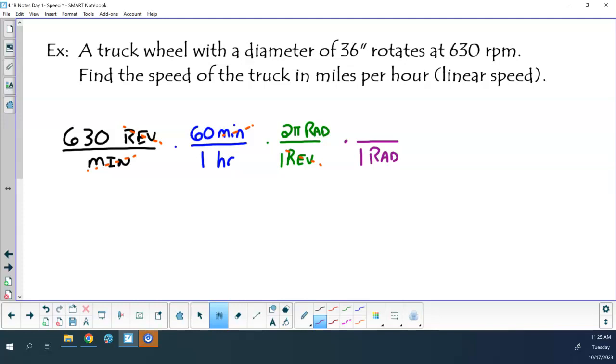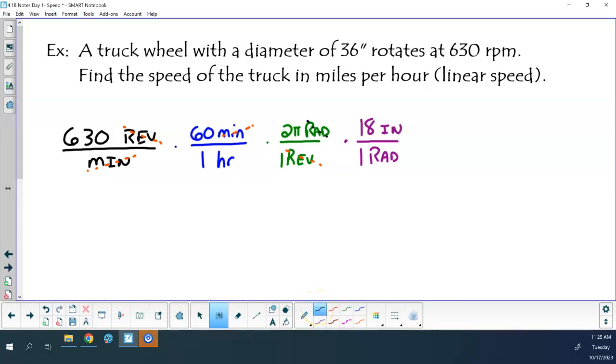What radius do I need so that I can get it into linear speed? What would the radius of our circle be? 18 inches. Yep, because the diameter was 36 inches, so the radius is 18 inches.